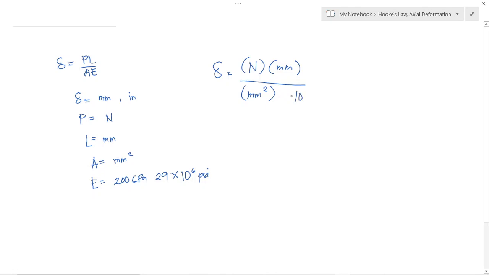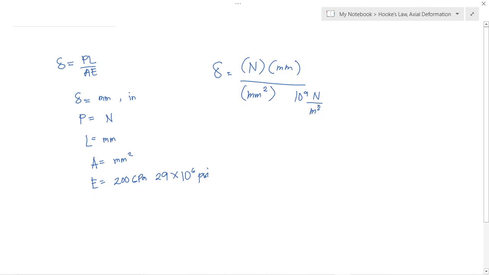So, kung 200, 200 times 10 raised to 9 Newton per square meter kasi Pascal. Giga kasi 10 raised to 9. Kapag nag-cancel out, ito ay square meter. So, multiply ka pa ng 1,000 or 10 raised to 3.